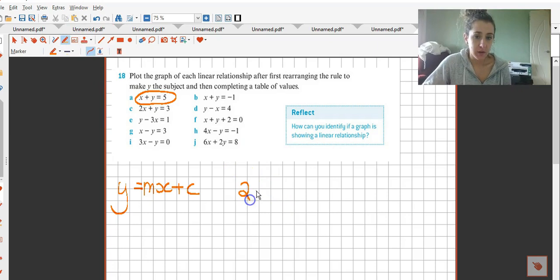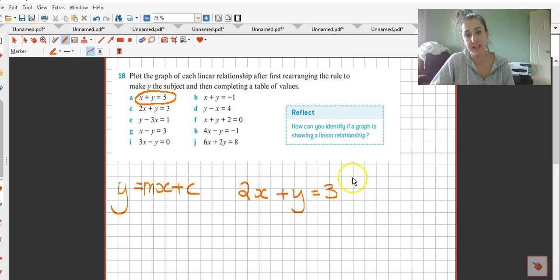So I've got 2x plus y is equal to 3. Again, I've got my x and y on my left hand side and my 3 on the right hand side.